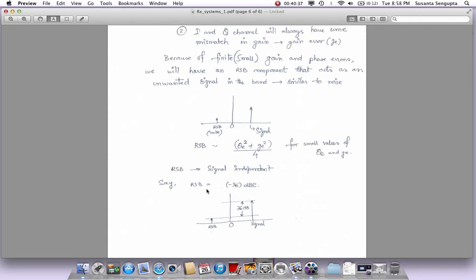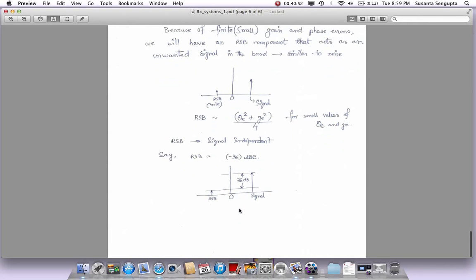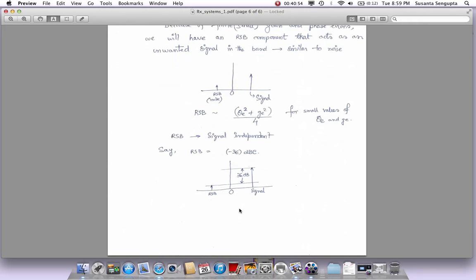So that is what residual sideband means, and this is another kind of noise that we are introducing. We don't want this to be a big number. We want it to be as small as possible, because we already have too many different kinds of noises. Adding another noise will only cause us more problems, and we will have more of this in the exercise that we are going to do next. There it will become more clear how RSB limits the SNR of the modem.